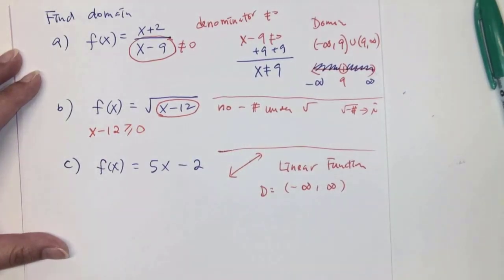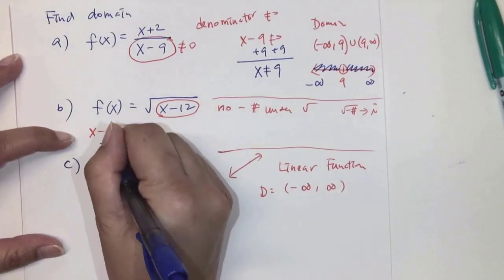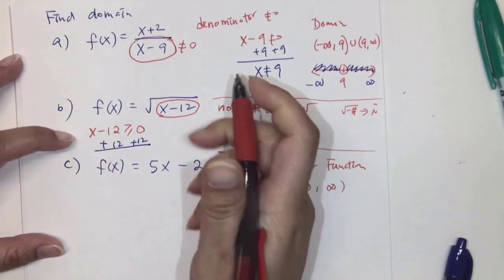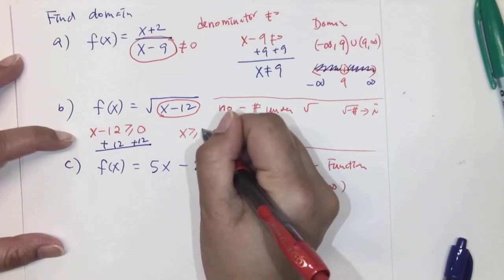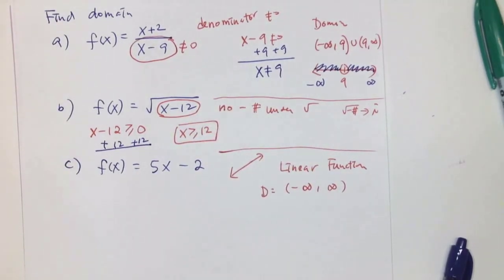So if you have square root of 0, it's okay, but anything less than 0, you're going to get into imaginary. So I can solve that by moving the 12 over here, which means my x value should be at least 12 or bigger than 12. So the part under the square root is not going to be negative, okay?